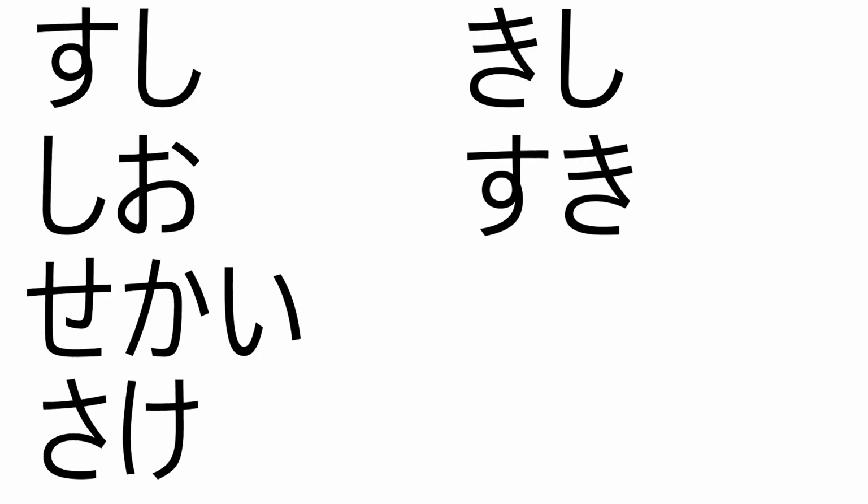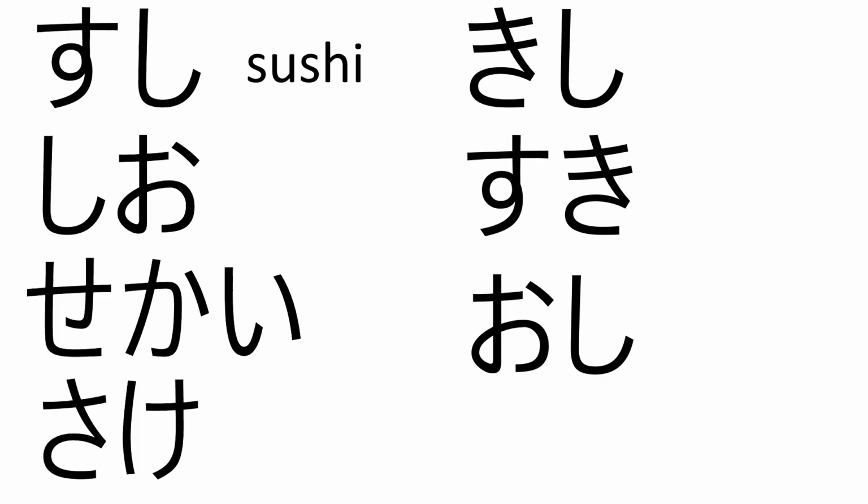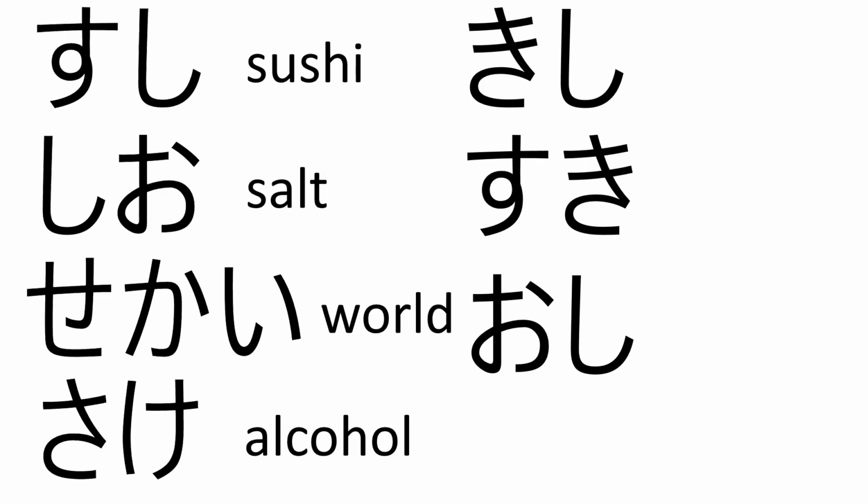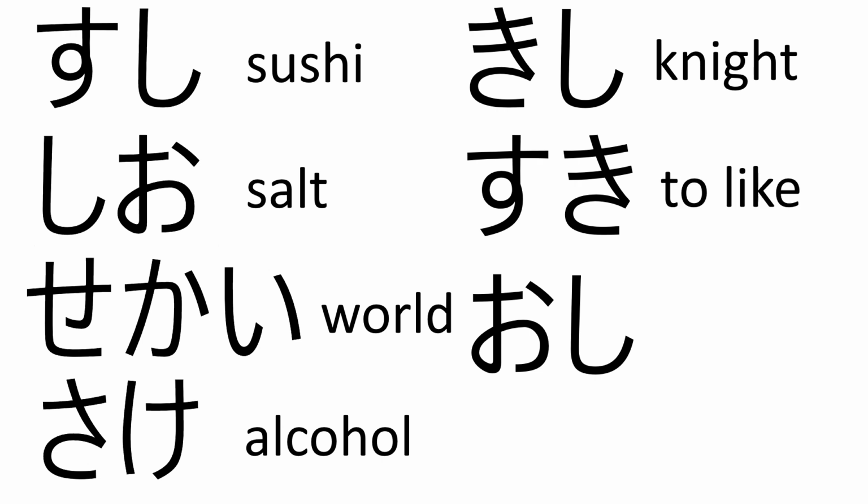With these you can write sushi, shio, sekai, sake, kishi, suki, oshi. Sushi is sushi, shio is salt, sekai is world, sake is alcohol, kishi is night, suki is to like, and oshi is favorite.